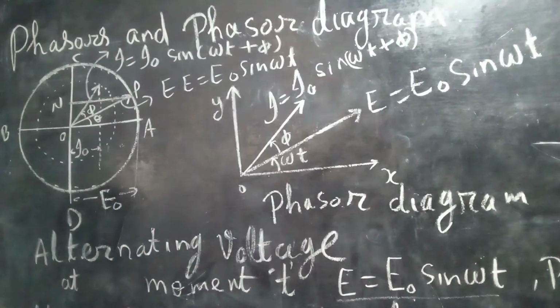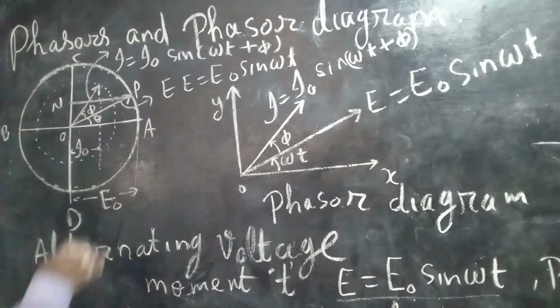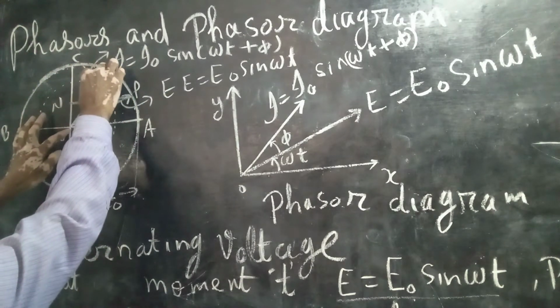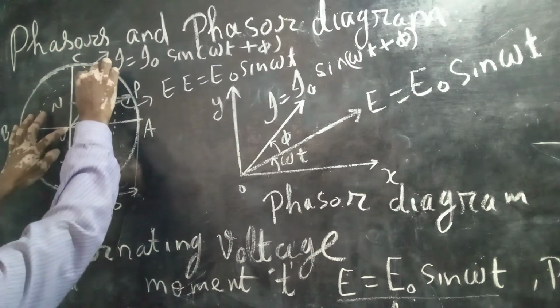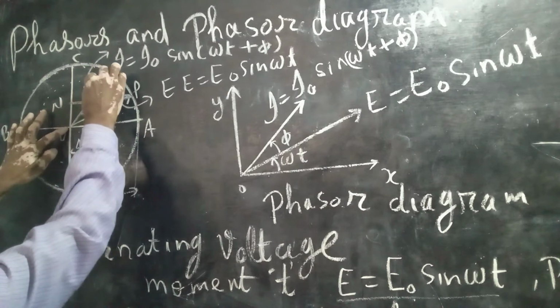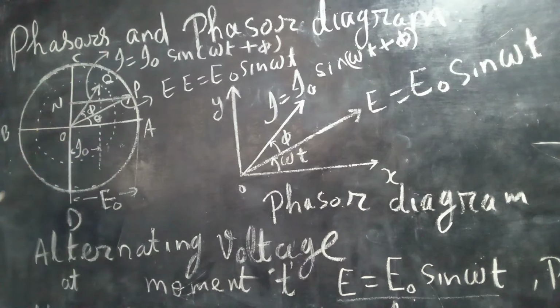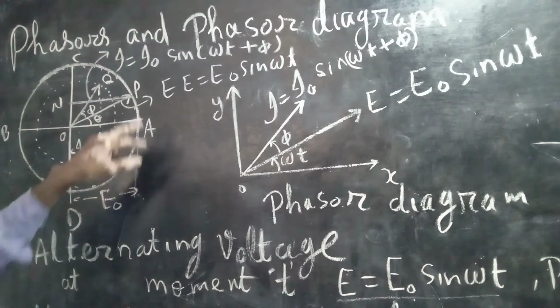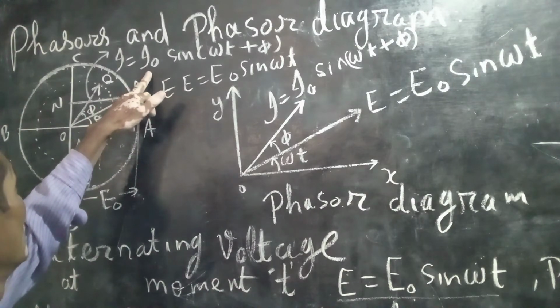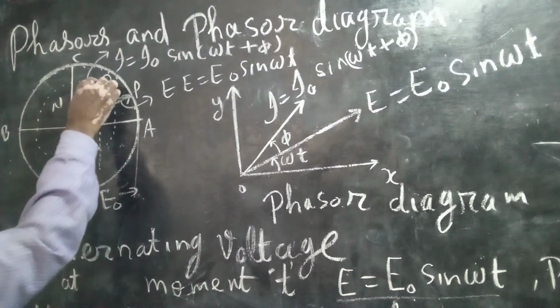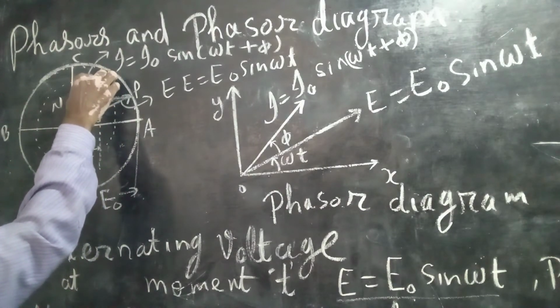Similarly, to find alternating current at a moment t, look at the radius of this circle. This radius is the maximum displacement, the amplitude. So the length OQ gives the amplitude of alternating current, that is, the peak value. To get alternating current at any moment t, we find the projection.